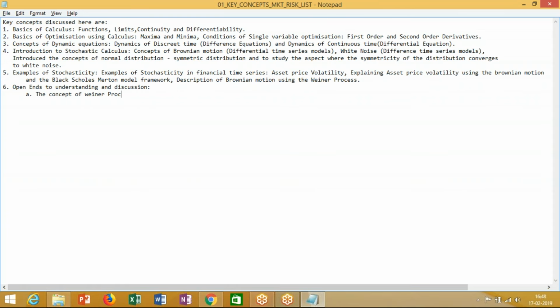The second question which came up in the last class was the ways of measuring the Wiener process. Or not, I would not say the process, rather I would say the variable.